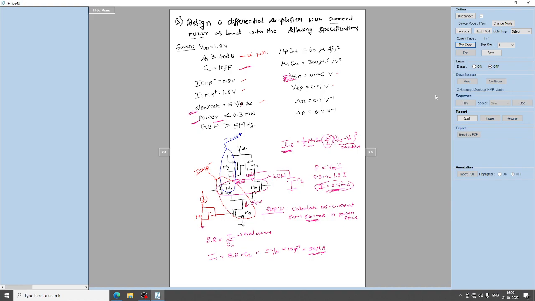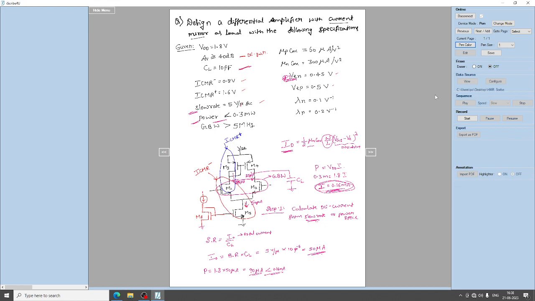If we verify the total power dissipated with this current, P = V × I, 1.8 into 50 microamps, which is equal to 90 microwatts, which is less than 0.3 milliwatt, the total power dissipation.